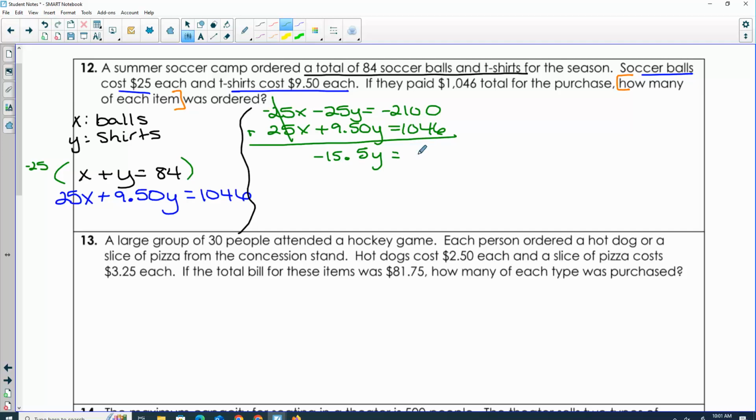Negative 2,100 plus 1,046 is negative 1,054. So now if I want to get y by itself, we have to divide by negative 15.5. And that gives me 68.